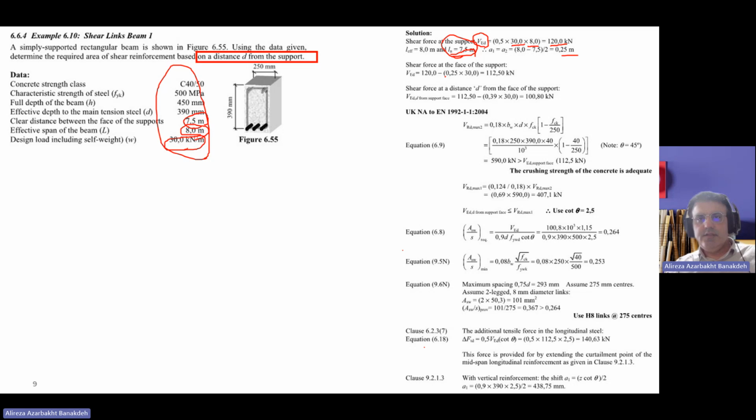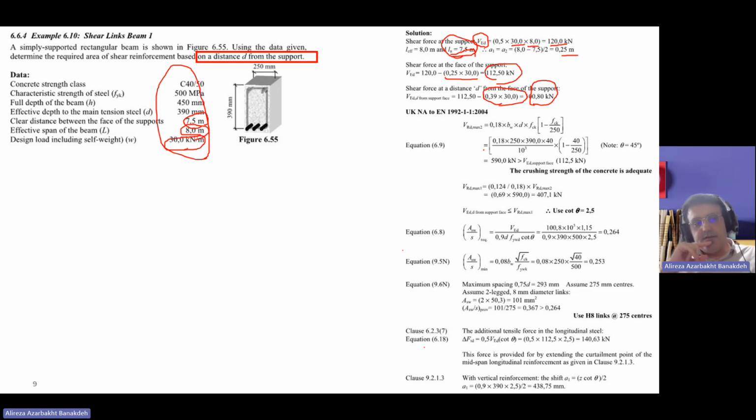So it means that you need to reduce the shear force by this proportion, and you will get 111 at the face of the support, and you need to go at a distance of d, and which means that you need to further decrease the shear force from 112 to this value, 100.8 kilonewton, to be at a distance d from the face of the support.